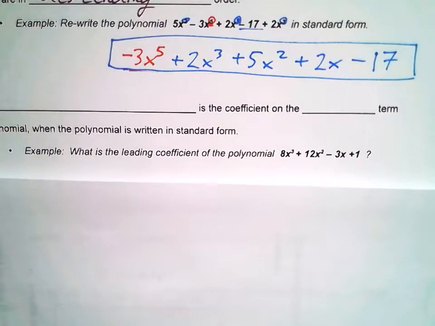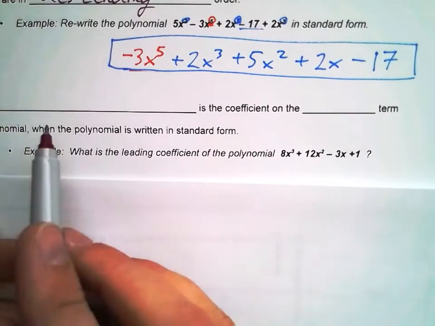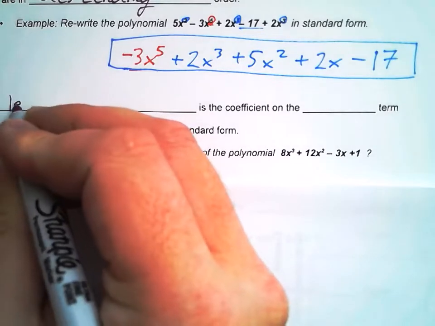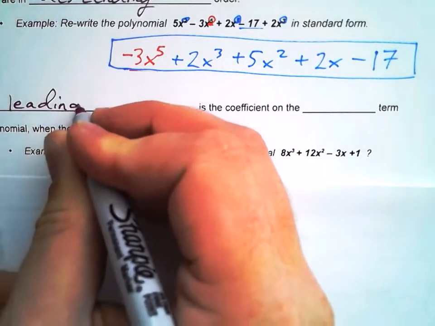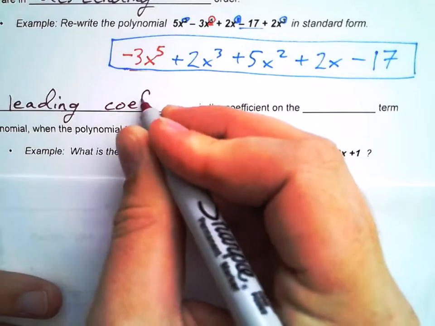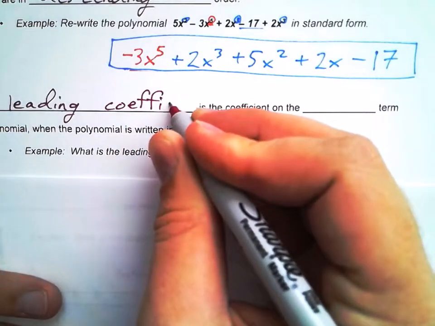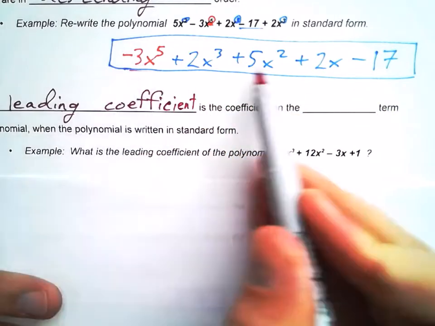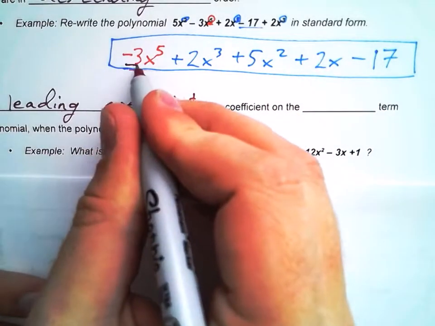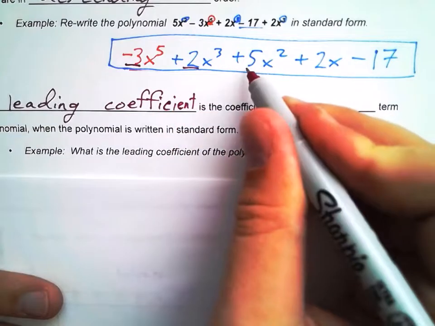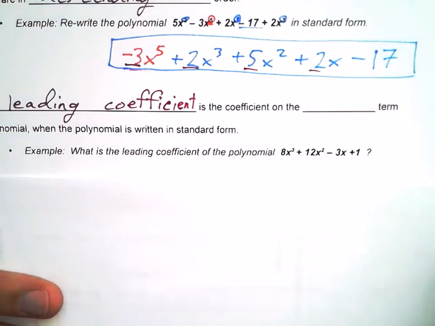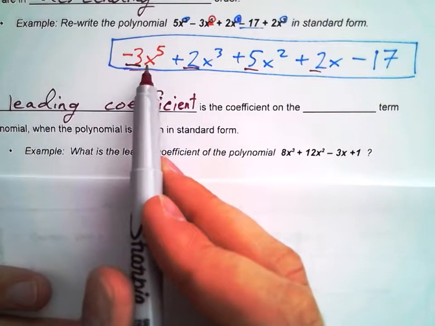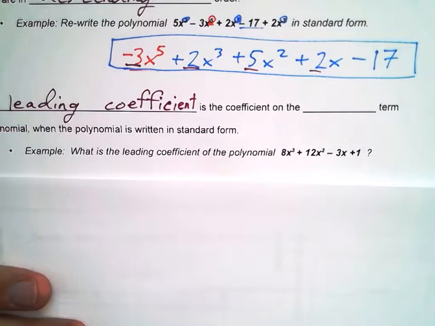All right, now the leading coefficient is the coefficient on the leading term. And you might be wondering, what is a coefficient? Well, in this one up here, the negative 3 is a coefficient, the 2 is a coefficient, the 5 is a coefficient, the 2 is a coefficient. It's the number multiplying the variable part in each term.